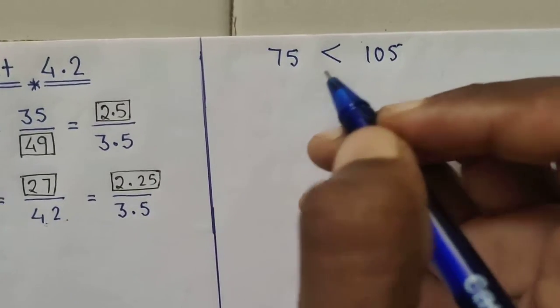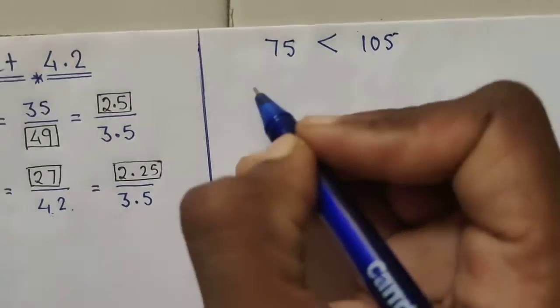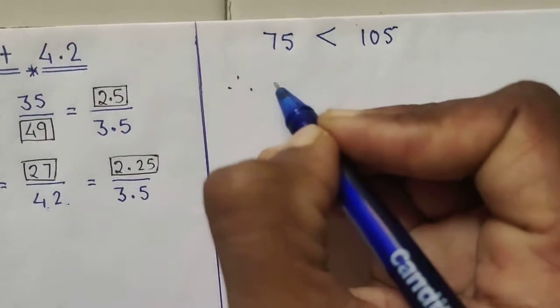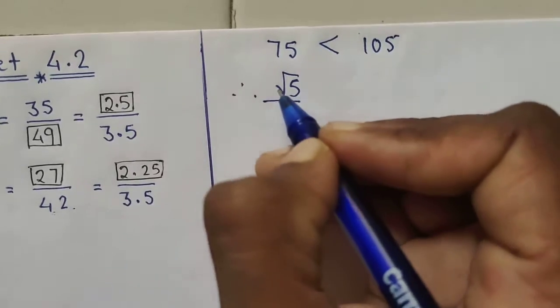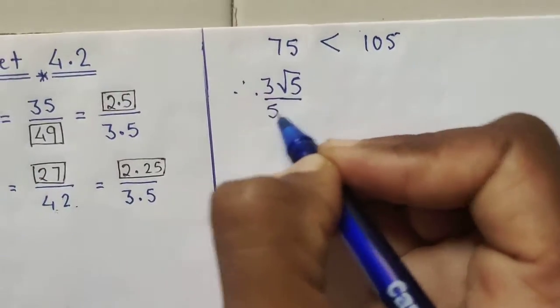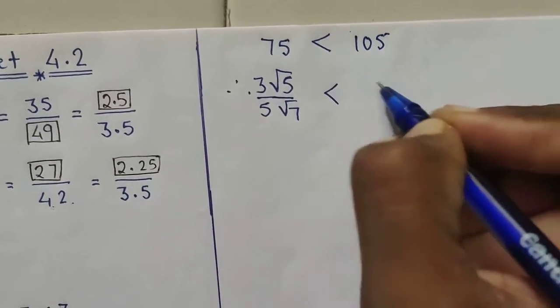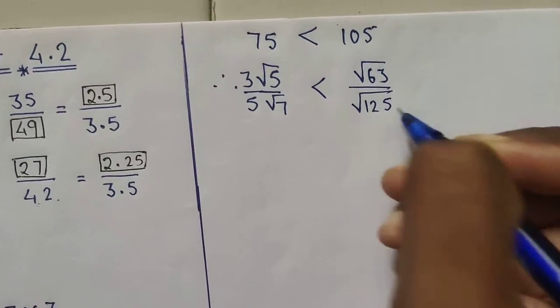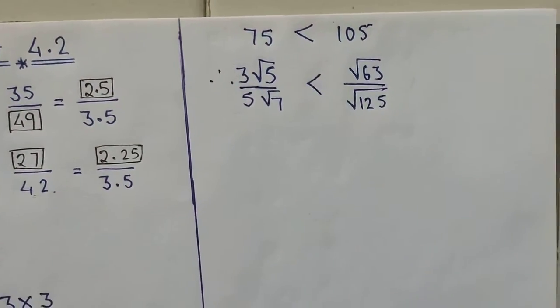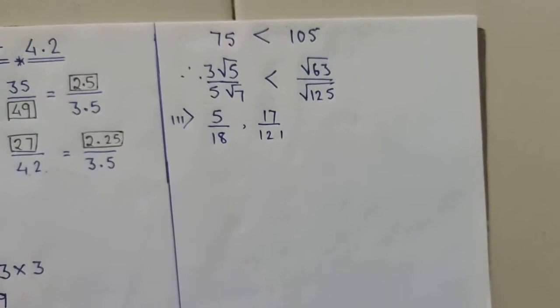Okay. So finally I can say that my first ratio is smaller than the second ratio. So 3 root 5 upon 5 root 7 is smaller than root 63 upon root 125. Okay, so in this way we have completed our second question.